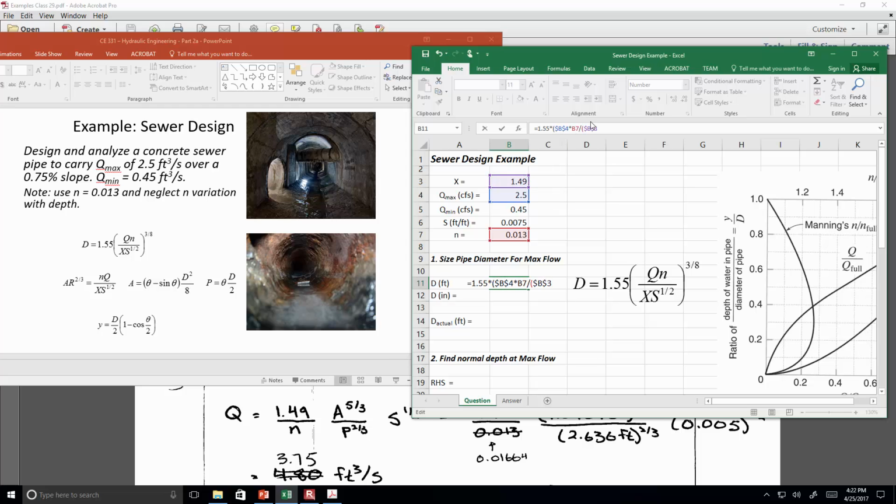I need to anchor that reference to the N value. All right, times the slope to the 1/2. All right, and then all of that is to the 3/8 power.